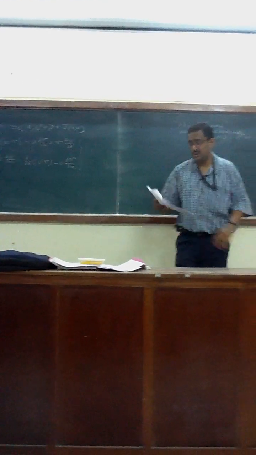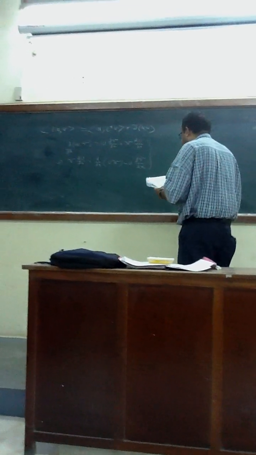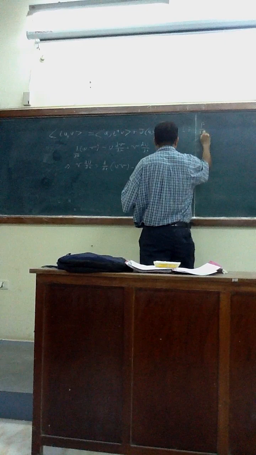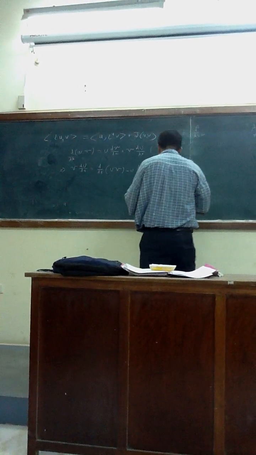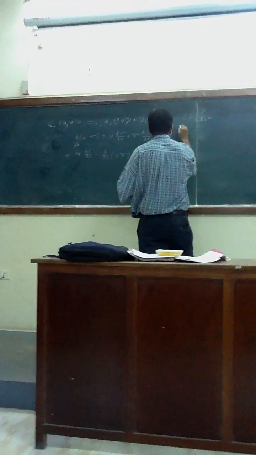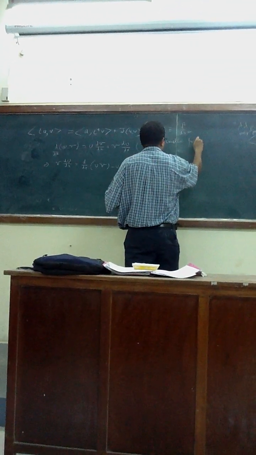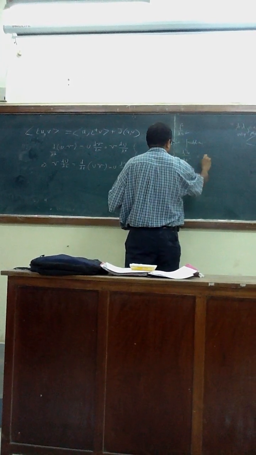Our problem L is d2 by dx square. The kind of problem we are going to solve is our eigenvalue problem, which is d2u by dx square minus lambda u, with boundary conditions u0 equals 0, u1 equals 0.